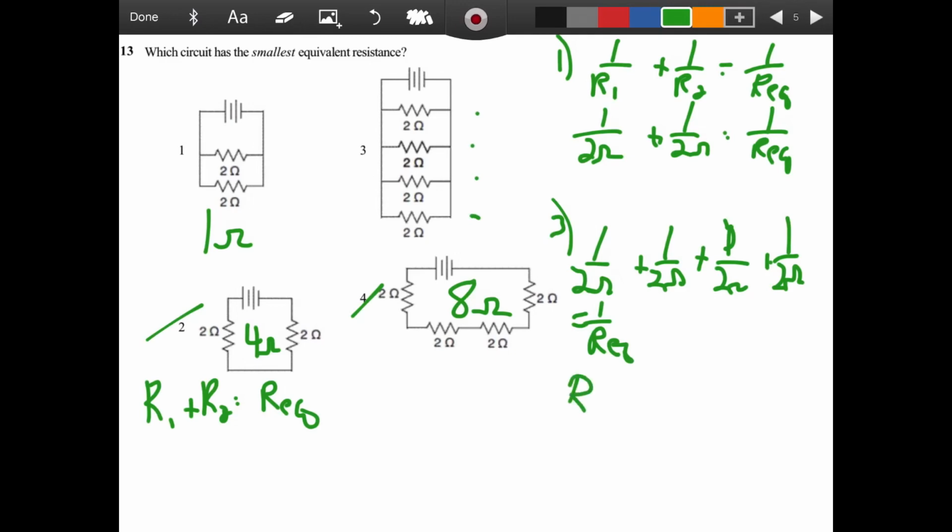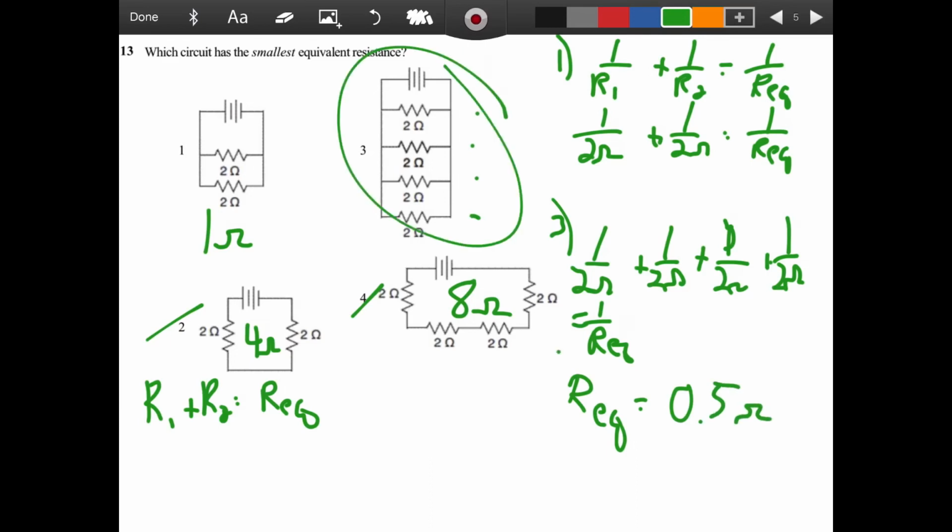For choice 3, we're going to get an equivalent resistance of 0.5 ohms, making choice 3 correct. If we keep adding resistors, the resistance will keep going down. So the more resistors in a parallel circuit, the smaller the equivalent resistance.